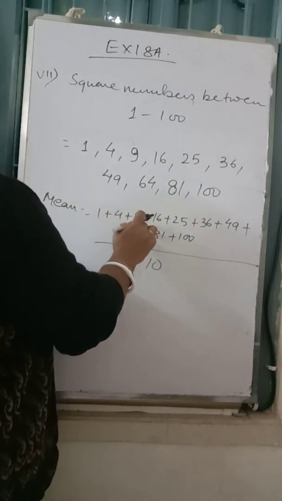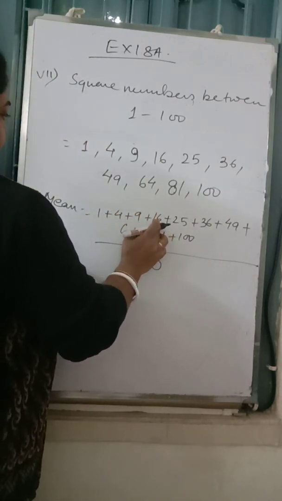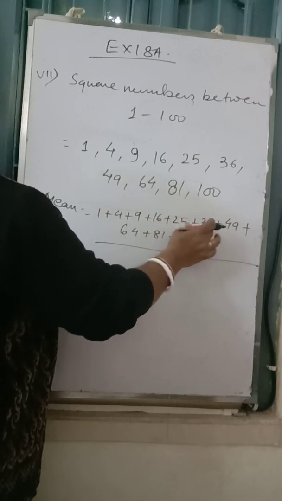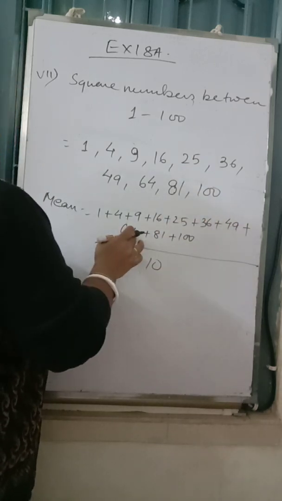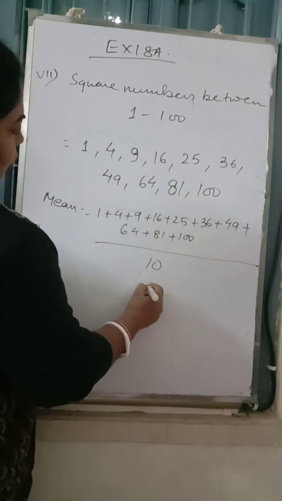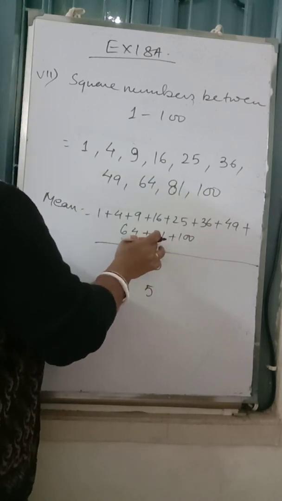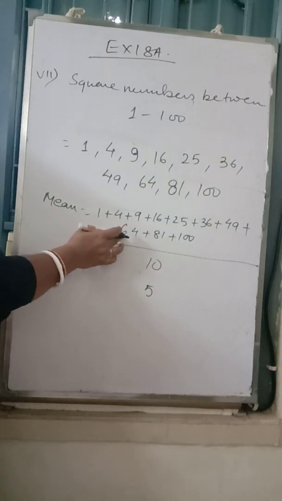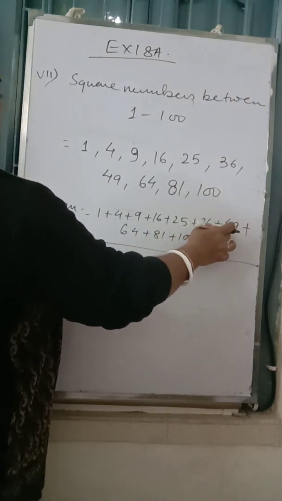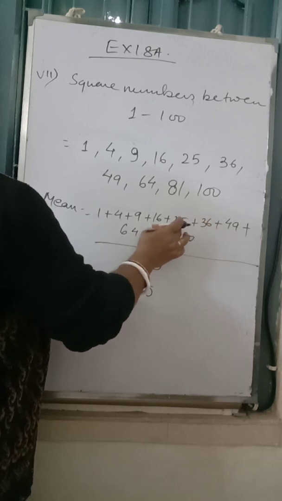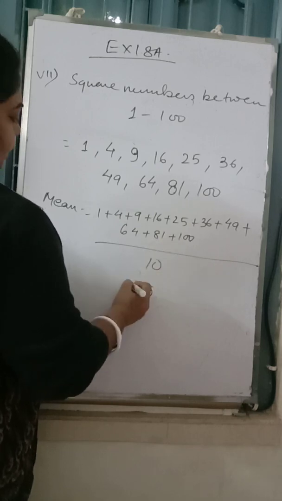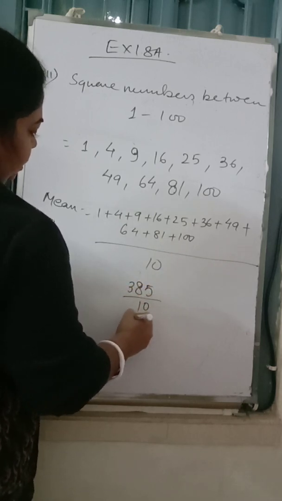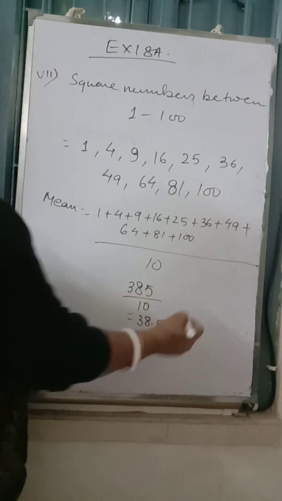Adding these up gives 385, divided by 10, or 38.5 will be the mean.